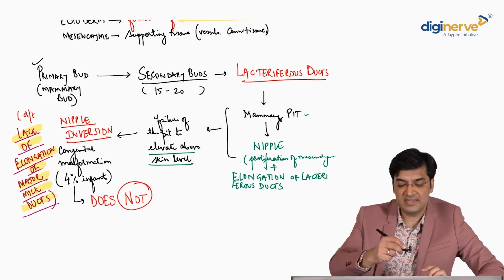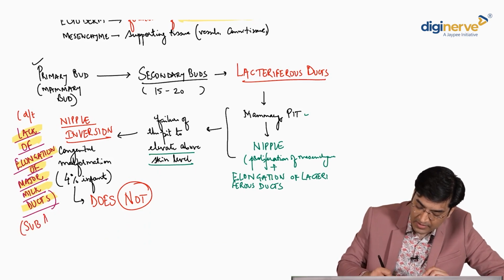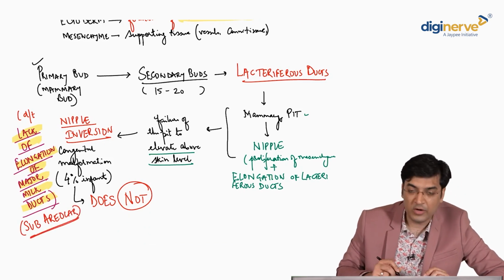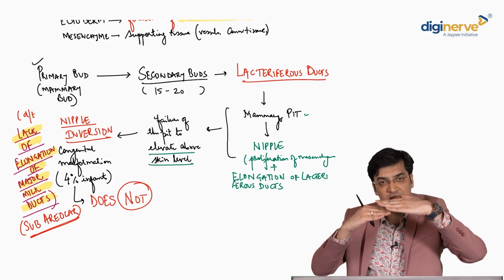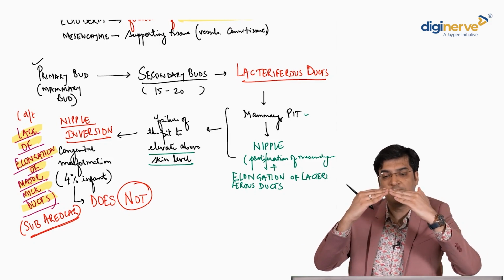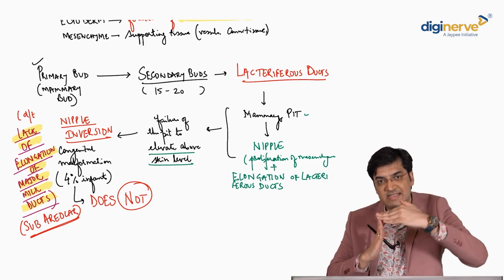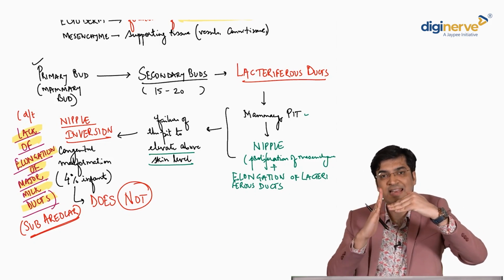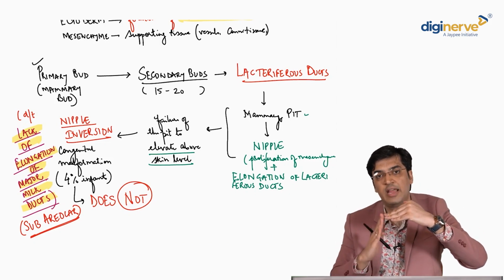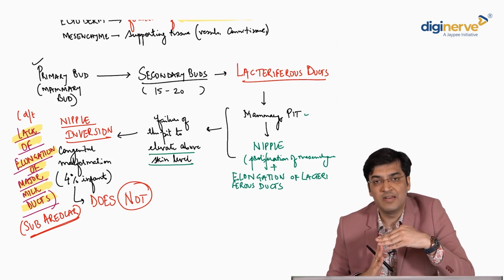The milk ducts remain subareolar. Understood? It is not going into the areola, it is going to remain beneath the areola, and therefore towards the opening of the lactiferous duct, it's going to dip inside. Instead of coming above the skin, it dips inside because the lactiferous ducts have remained short, they have not elongated, and that is what is responsible for nipple inversion.